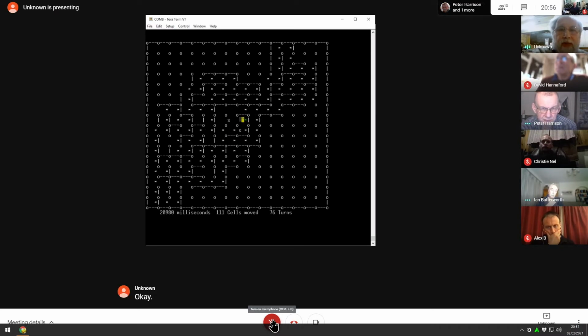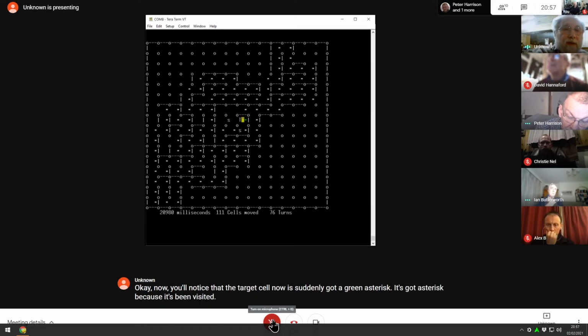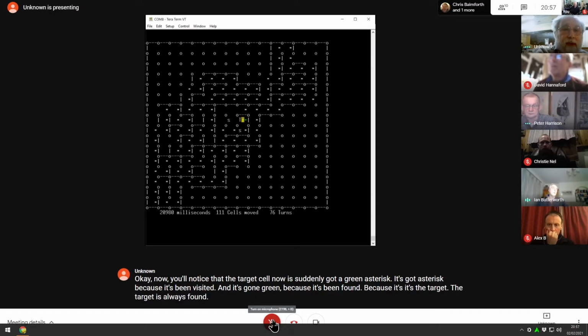Now you'll notice that the target cell now has suddenly got a green asterisk. It's got an asterisk because it's been visited, and it's gone green because it's been found, because it's the target. The target is always found if it's been visited.